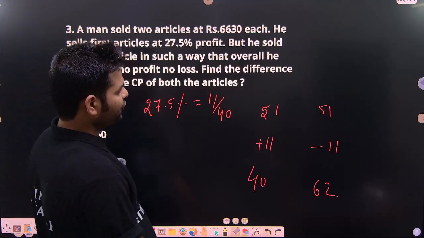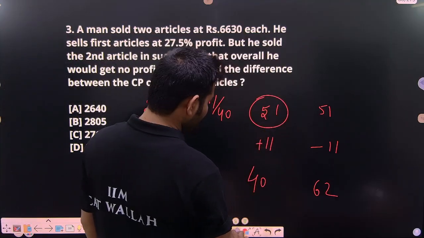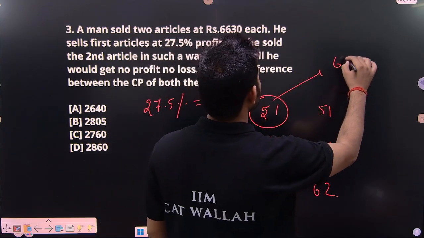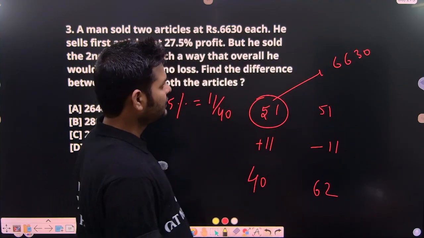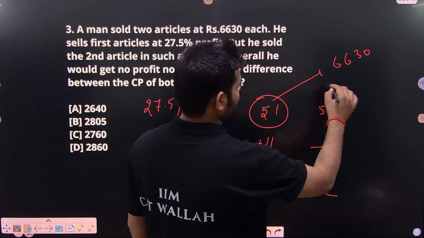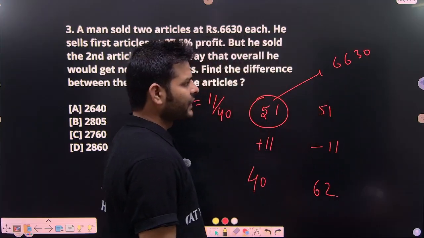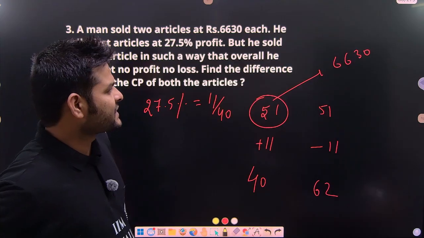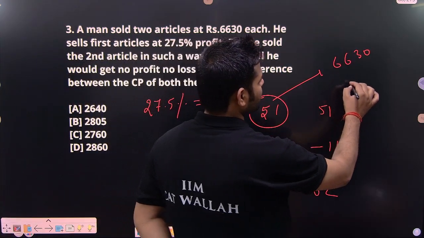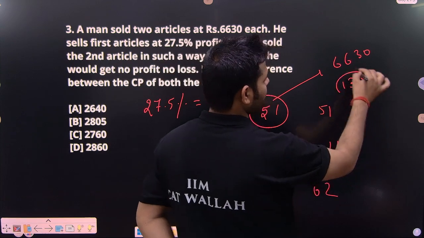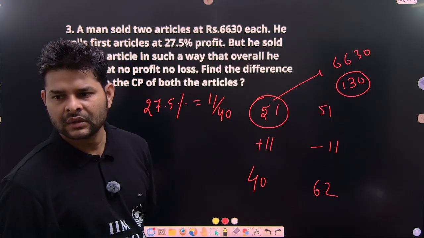Now, the question says, he sold the second article, find the difference between the CP of both the articles. So 11 for 51 units will represent 6630. So 1 unit will represent, just divide 6630 by 51. That is 130.